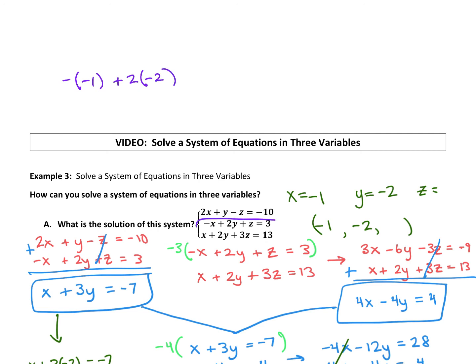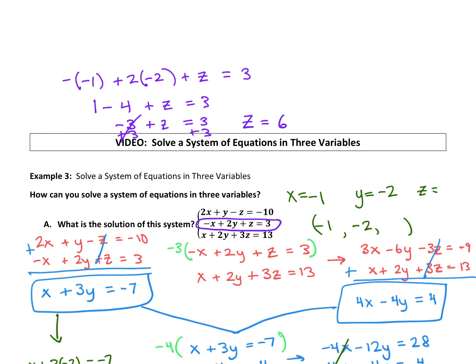Again, I'm plugging into the second equation right there. Plus z equals 3. All right, a negative negative 1 is 1. 2 times negative 2 is a negative 4. Plus z equals 3. 1 minus 4 is negative 3. Plus z equals 3. And then we just add 3 to both sides, and we get z equals 6.